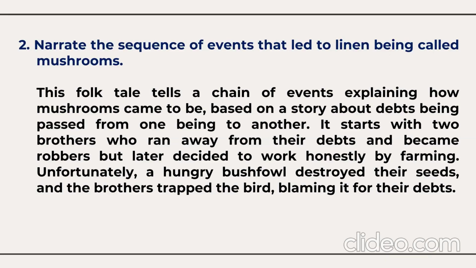It starts with two brothers who ran away from the debts and became robbers, but later decided to work honestly by farming. Unfortunately, a hungry bushfowl, a bird, destroyed the seeds, and the brothers trapped the bird and blamed the bird for their debts.